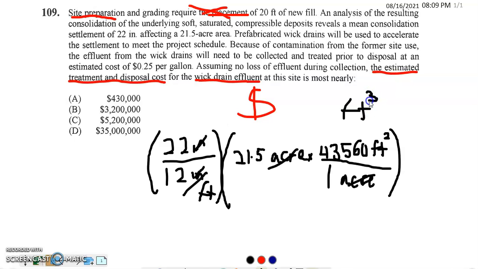So I can convert cubic feet to gallons. That's what I'm trying to do. 1 cubic foot is equivalent to 7.481 gallons, I believe. Let me double check that. Yeah, 7.48. Some people use 7.4805. Just round it up.